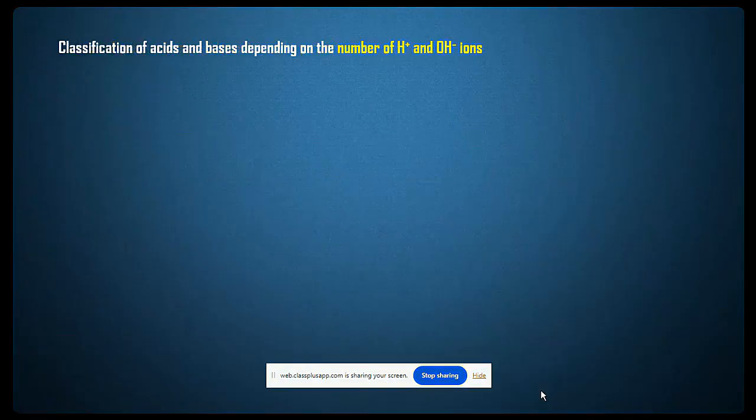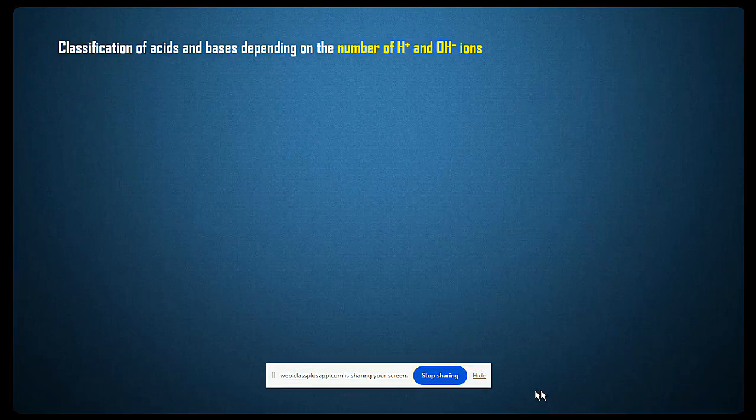Now, classification of acids and bases depends on the number of H plus and OH minus ions. If the number of H plus ions is more, we call them strong acids. If the number of H plus ions is less, we call it a weak acid. If the number of OH minus ions is more, we call it a strong base.